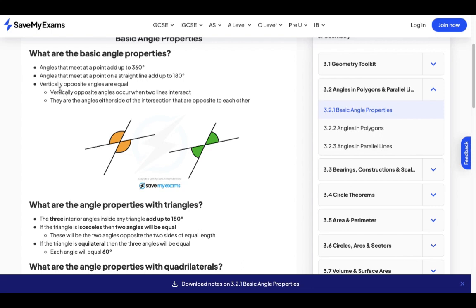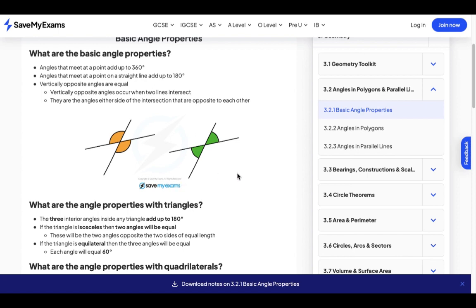So these are the basics: vertically opposite angles are equal. Vertically opposite angles occur when two lines intersect, or when you have two parallel lines and a line that cuts across them. We say they are equal.